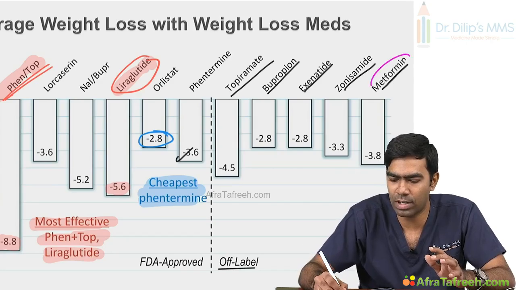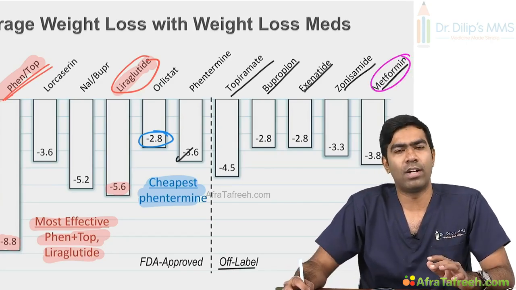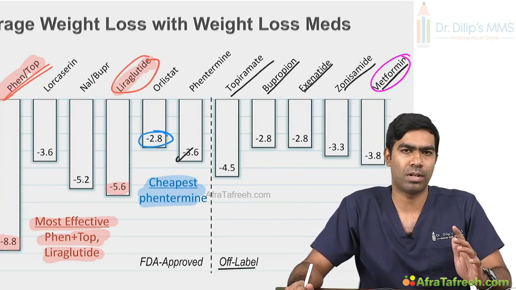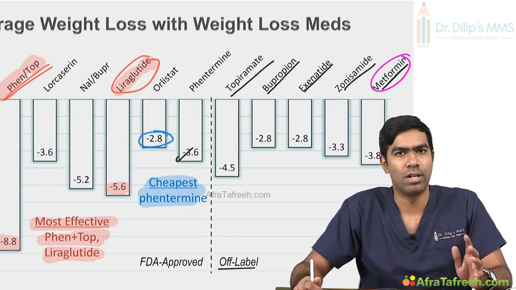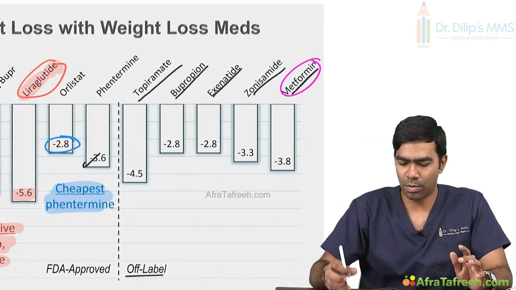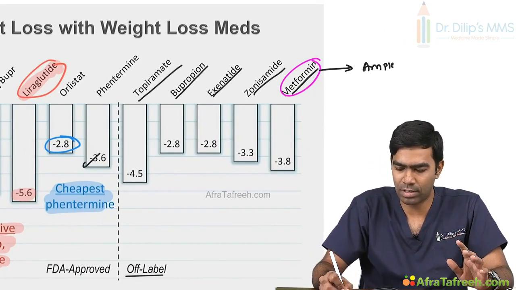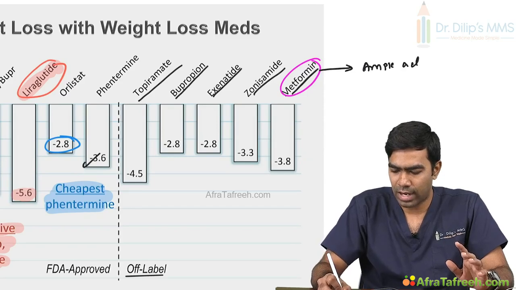Remember, metformin is a commonly prescribed weight-losing drug, but don't give metformin unless the patient has some other issue like diabetes mellitus or pre-diabetes. But remember, metformin promotes weight loss by a completely different mechanism, through an increase in AMP kinase activity.